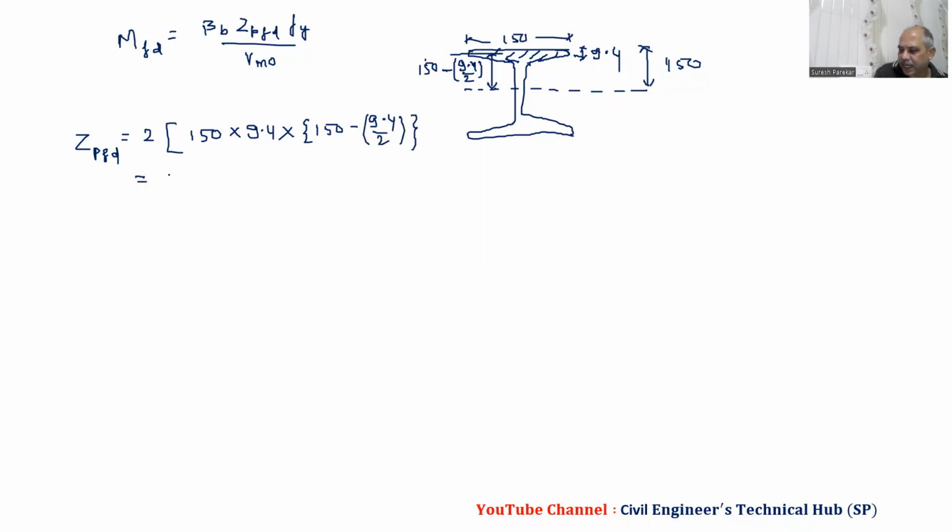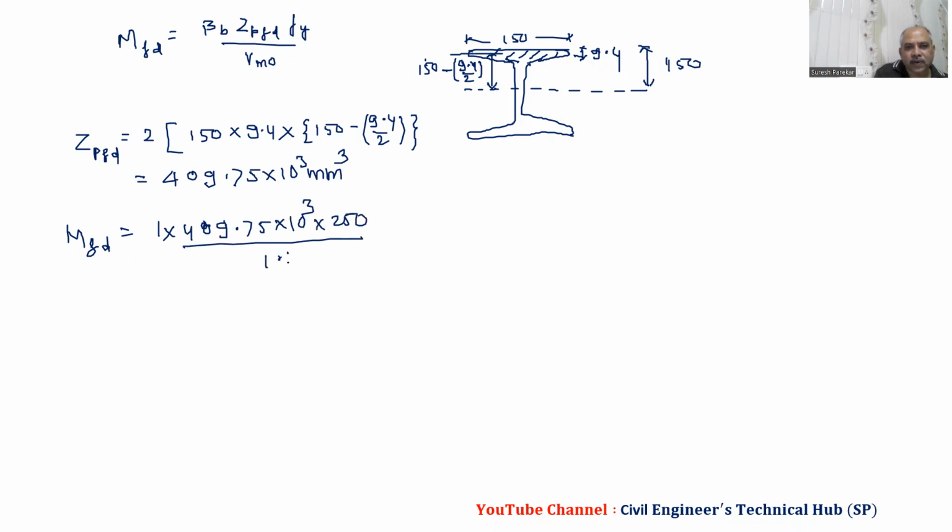This value we have 409.75 into 10 raised to 3 millimeter cube. And then from this we will get Mfd, that is 1 into 409.75 into 10 raised to 3, 250 upon 1.1.